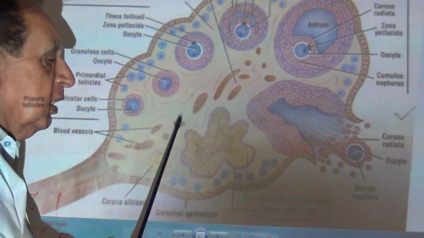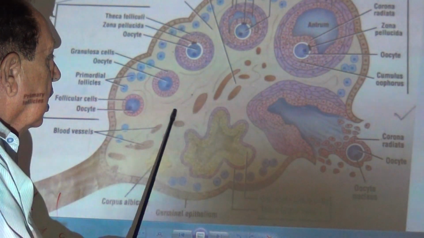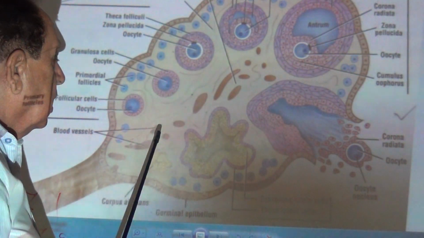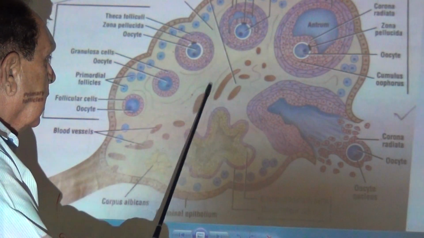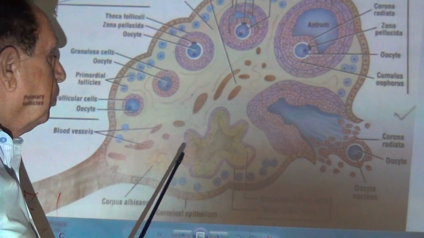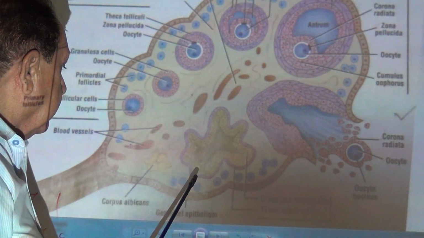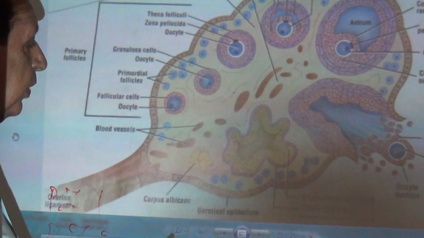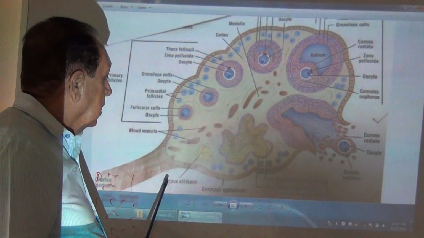The medullary region contains loose connective tissue, and the blood vessels, nerves and elastic fibers are present in the central portion called the medulla of the ovary. And this one is the ovarian ligament. So that's all about the ovary.